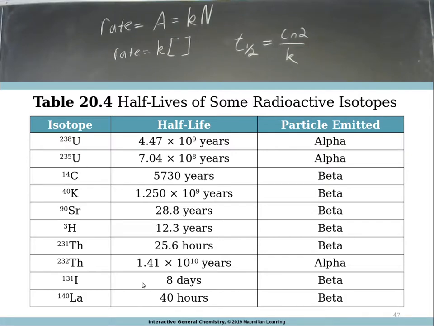Those people that are involved in nuclear accidents, say people that were near Fukushima, Japan a few years back, or near Chernobyl in Ukraine many decades ago, iodine was a byproduct of those accidents.